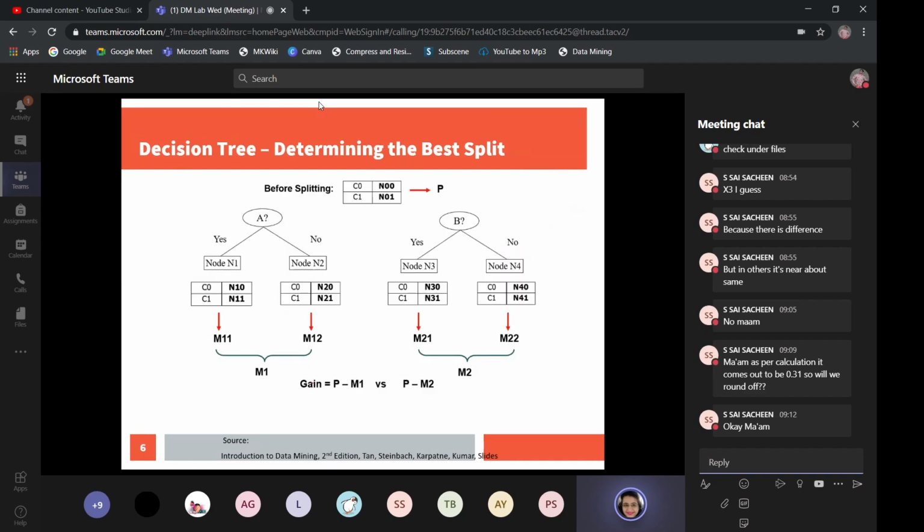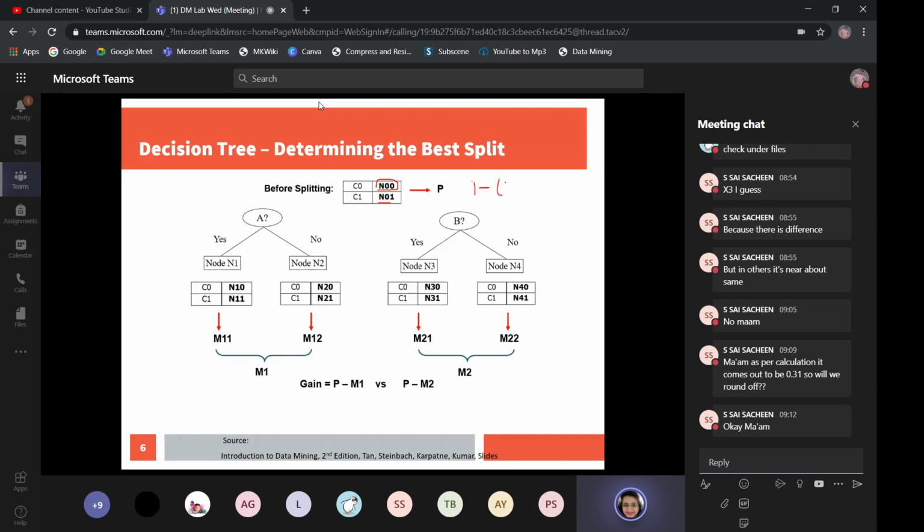Let's try this. Suppose at this level you had some number of records in class C0 and some number of records in class C1. Because of that, what was your Gini index?